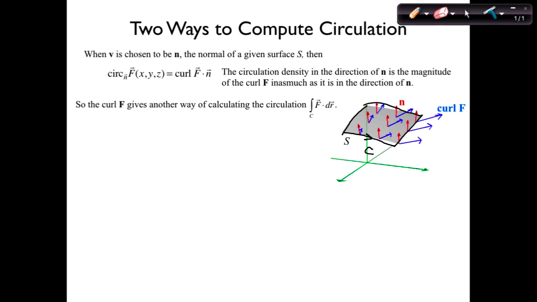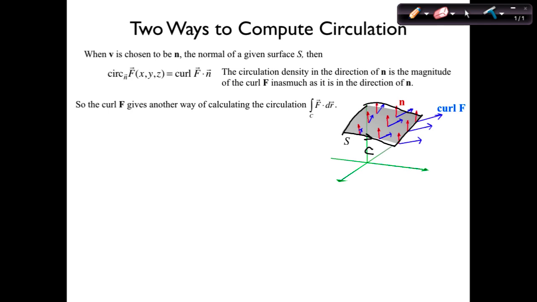So if we were to accumulate all the rotational vectors, the curl of F vectors, in as much as n across this whole surface, that would actually be the same as the circulation around the outside of the boundary.